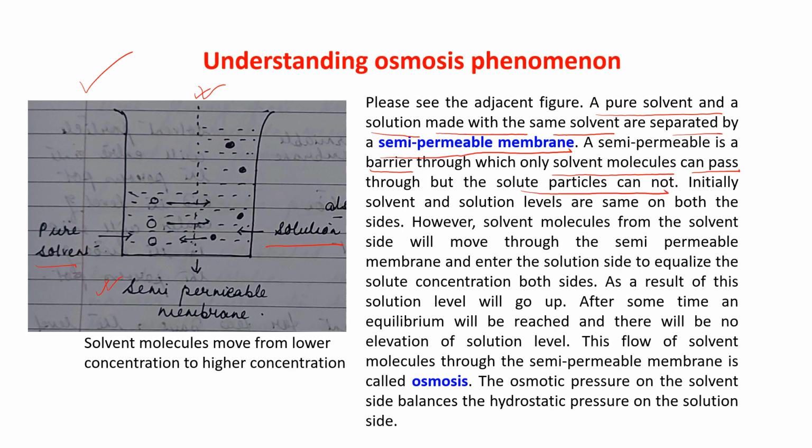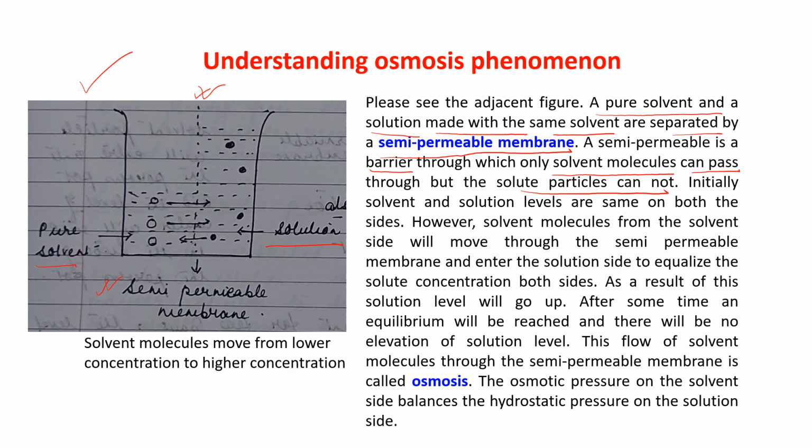Initially the solvent and the solution levels are the same on both sides. But after some time, you will see that the level on the solution side is increasing. The solvent molecules from the solvent side will move through the semi-permeable membrane and enter into the solution side.